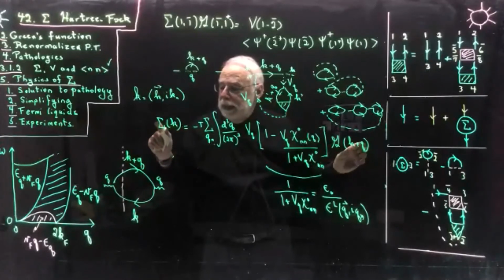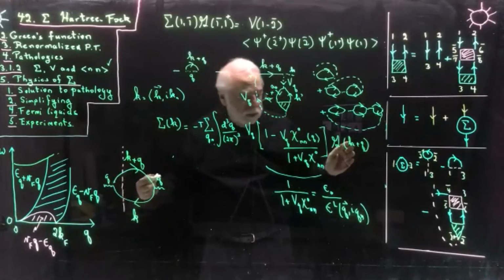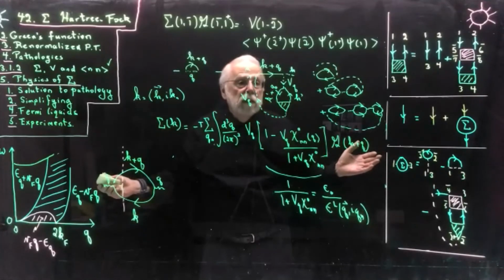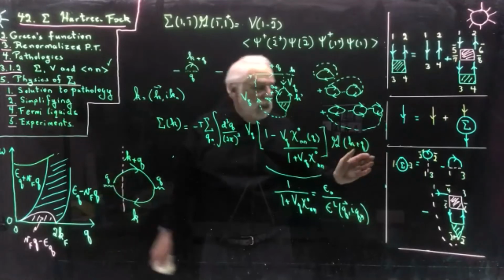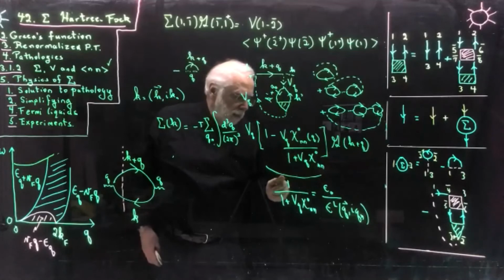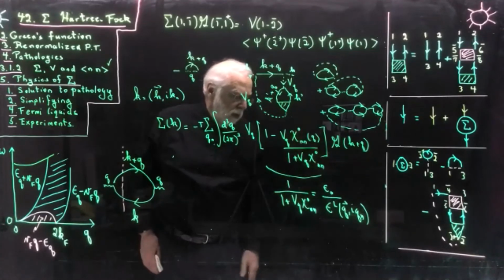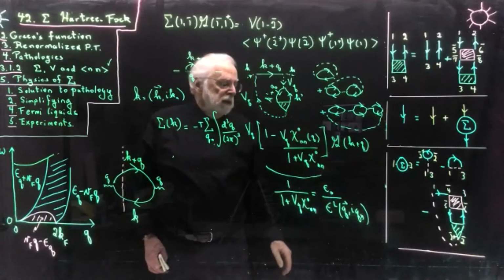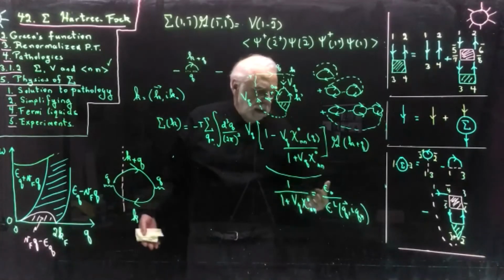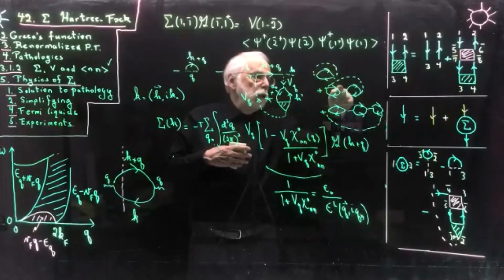If I multiply this by G of K, and this by G of K, you see that G of K times G of K plus Q is this bubble. It's chi 0. Okay. So I will get V of Q times chi 0 over 1 plus V of Q chi 0, which is just the dressed susceptibility. So it will have exactly this structure, right?